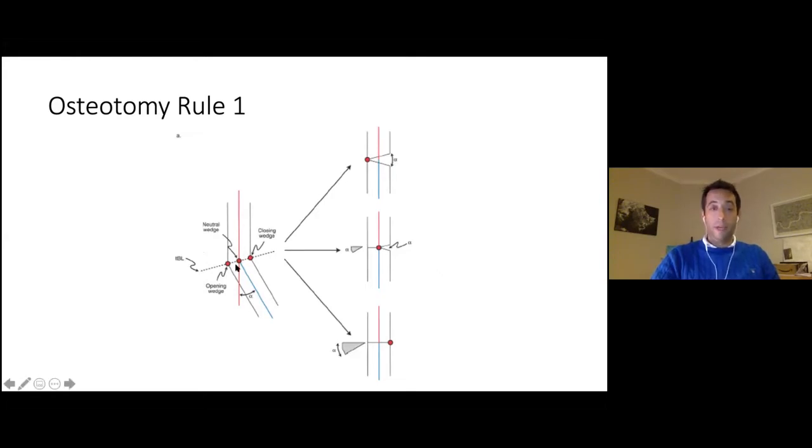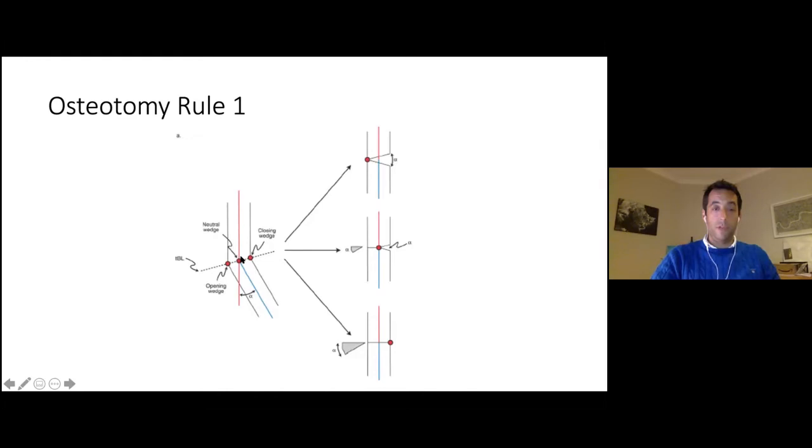If you look at this picture and ignore the 3 dots, just look at the central dot. This is the CORA of this axis and this axis in this segment of bone. If we choose to cut the bone across here, ignore the little wedges for the moment.